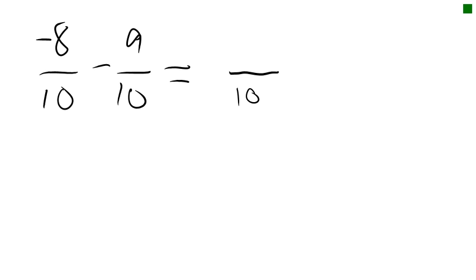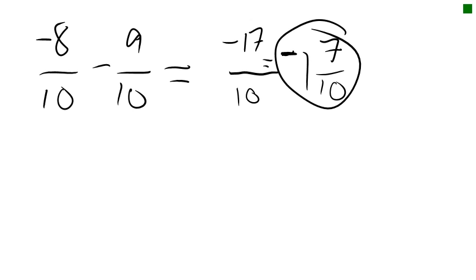So we will end up with a negative 17. Now, reducing is still the same. It's 17/10. We have 17 pieces out of 10, so we're going to pull one whole out. Sign stays the same. That leaves us with 7/10. That cannot be reduced, so that's our answer for that.